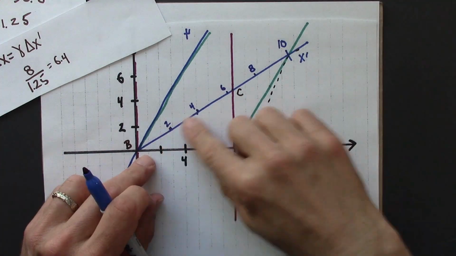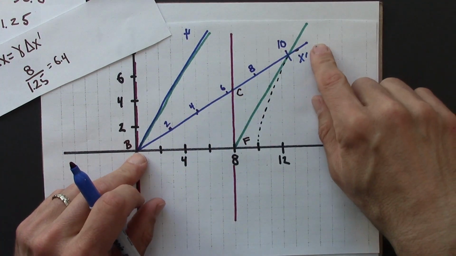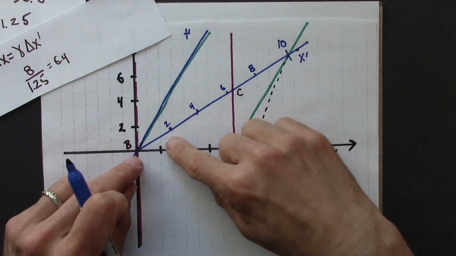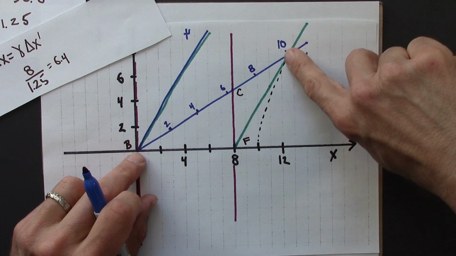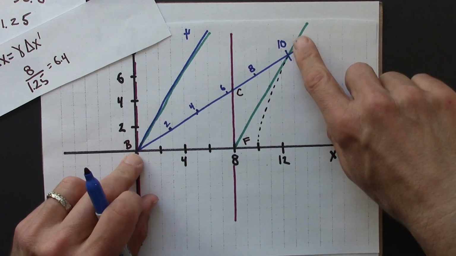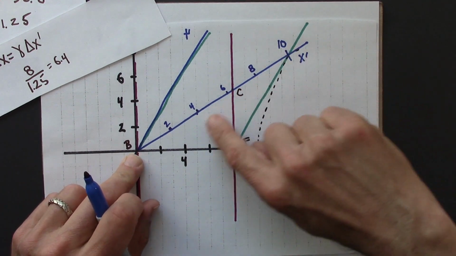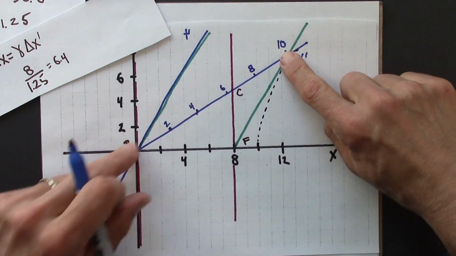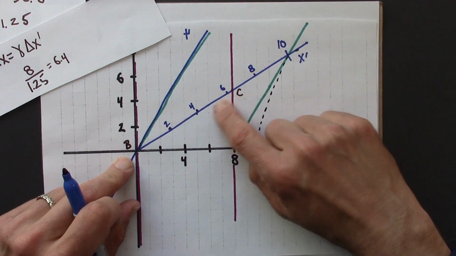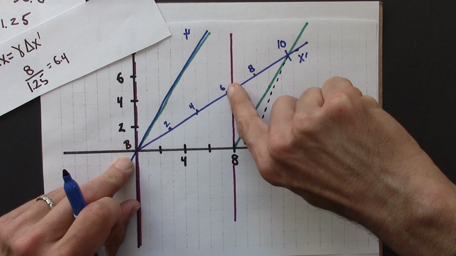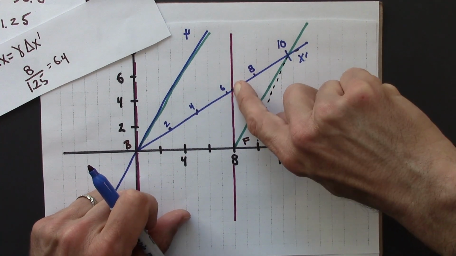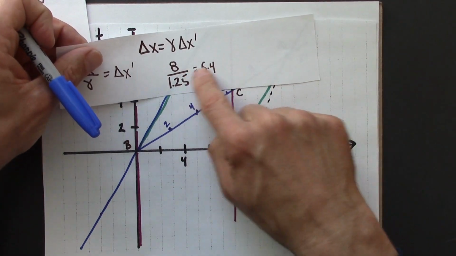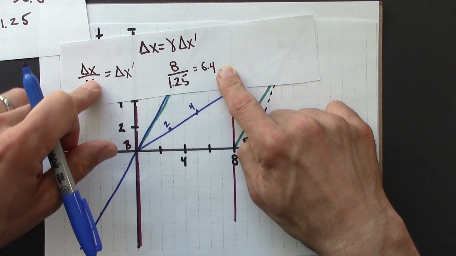Calibrating this, not super precisely, but I wanted this to be at least sort of to scale. We know that this is 10 because the rest length of the stick that Beowulf is carrying is 10. And so I just divided this into 5 segments. And here's the 6 meter mark. And indeed, event C is a little bit more than 6. And that's exactly what we calculated using the special relativity formulas.